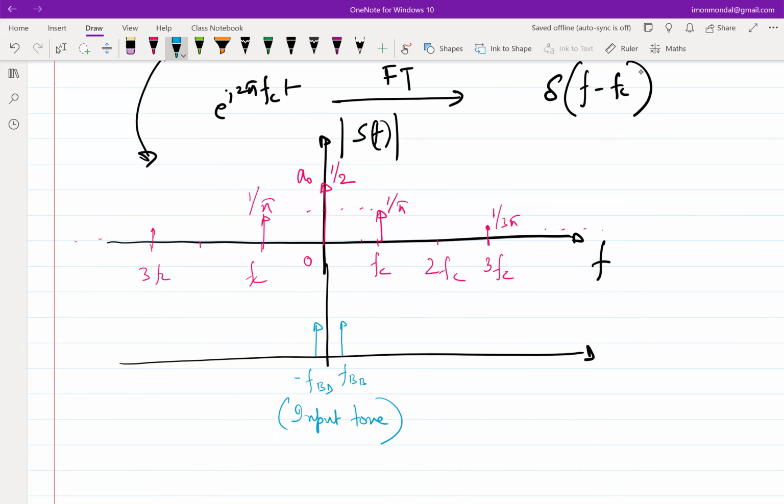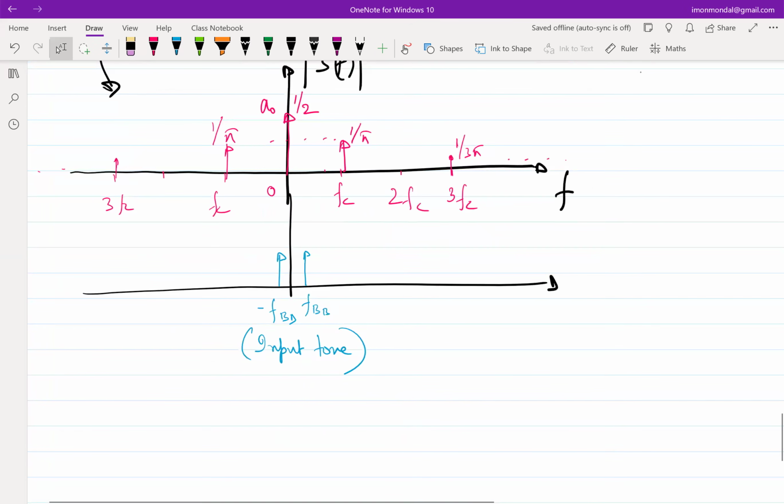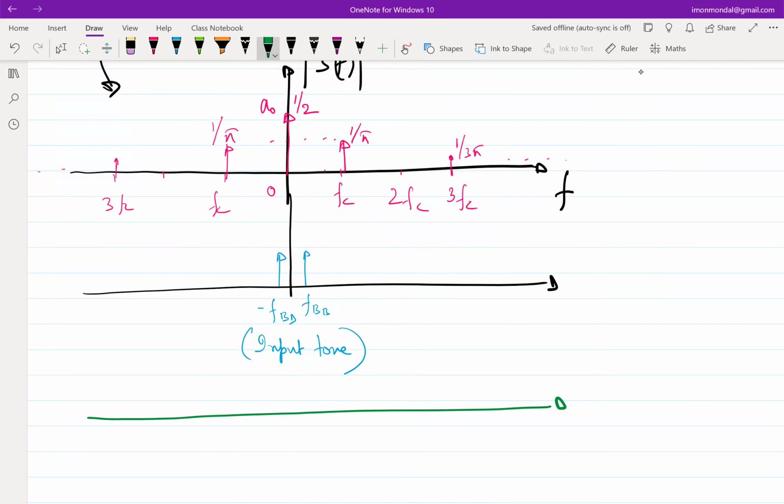So if we multiply these two in time domain, in frequency domain, what's going to happen? They are going to convolve. So in frequency domain, I'm going to get tones at, obviously around DC, will I get something? Yes.